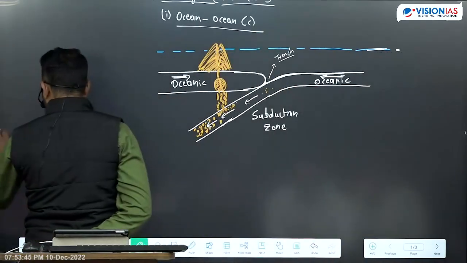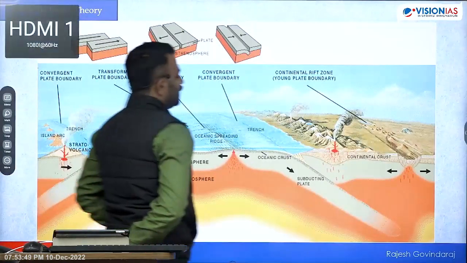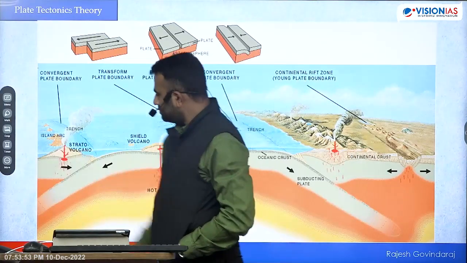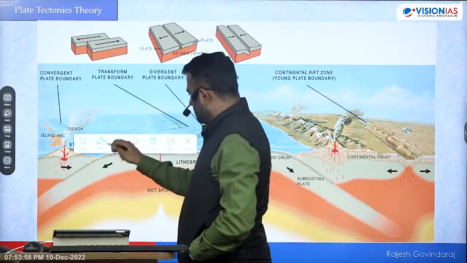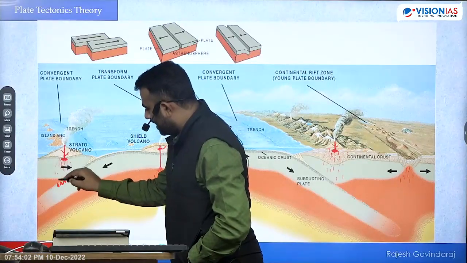It is due to the continuous upliftment of magma along the convergent plate boundary. Here the subduction is happening. The subduction causes some of the material to melt and rise.